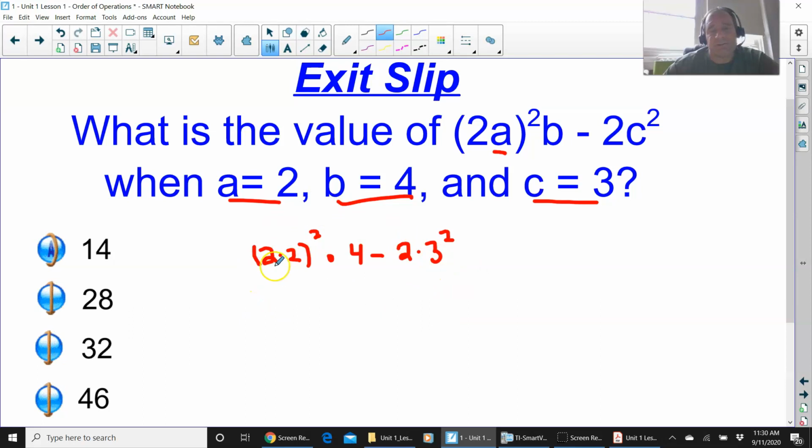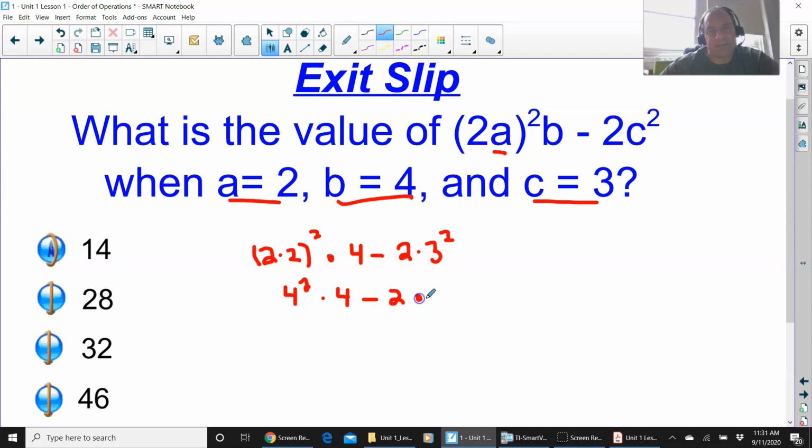Now I have to use order of operations. So we have 2 times 2, which is 4. So I'm going to start cleaning things up a little bit and using order of operations to get my final answer. So I'm going to bring everything else down. And then, all right, so 3 squared, I know what that is.